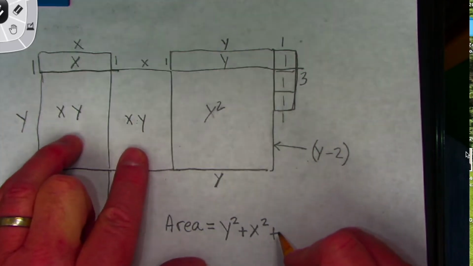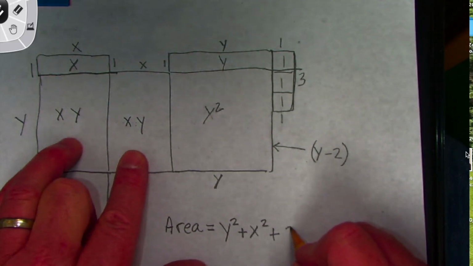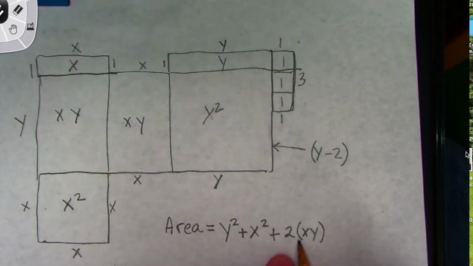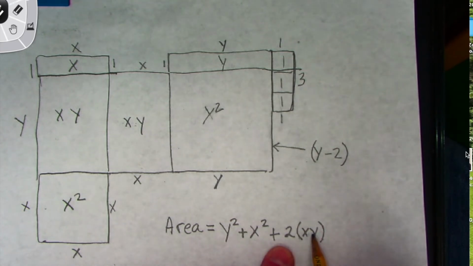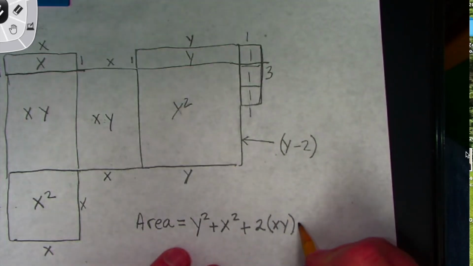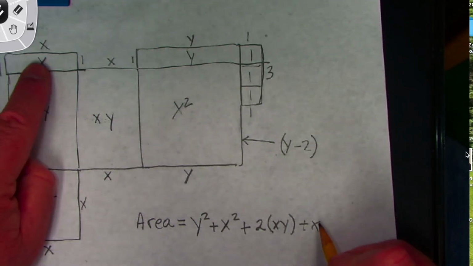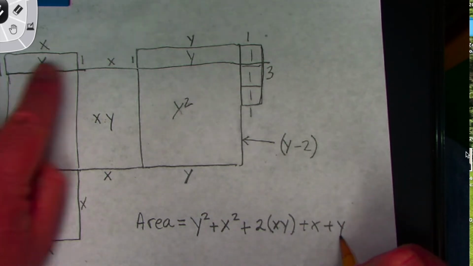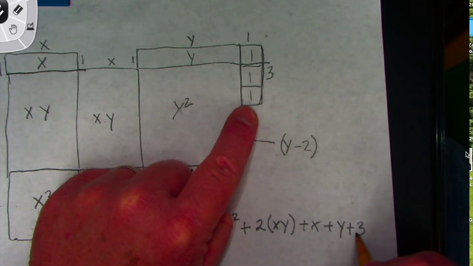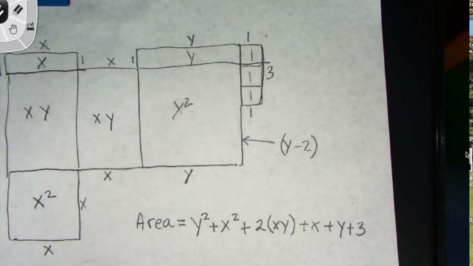We have 2 xy's, so I'm going to say 2xy. And I put my parentheses there just to show that it's not 2x times y. It's 2 of the xy's, right? Plus x plus y plus 3. All right? So that's my area.